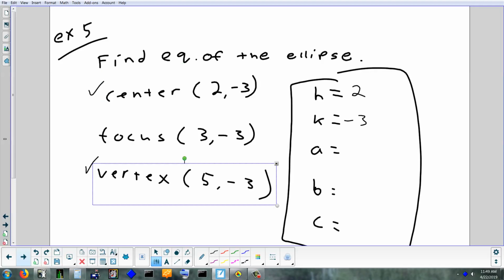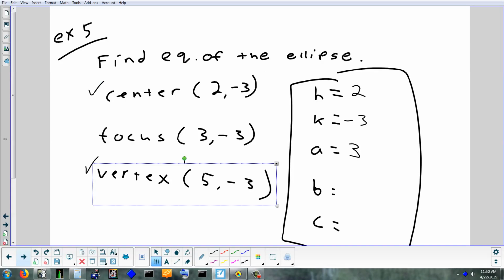Now if you need the distance formula, you can, but remember, they're going to line up on a horizontal or vertical line. So what's the distance between the center and the vertex here? Yep, 3. So you don't really need a fancy formula to figure that out.